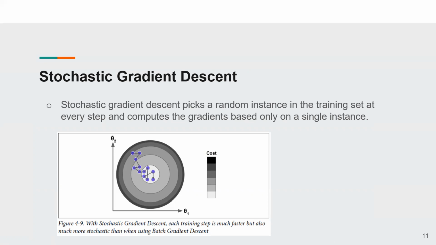But now we're talking about only one single instance to calculate the gradient. Apparently, it will be much faster because you don't use the full data set to calculate the gradient. You only use one instance. However, it comes with a cost because it converges a little bit slower. It would jump around, and in finally figuring out this minimum cost point, it takes longer to converge.